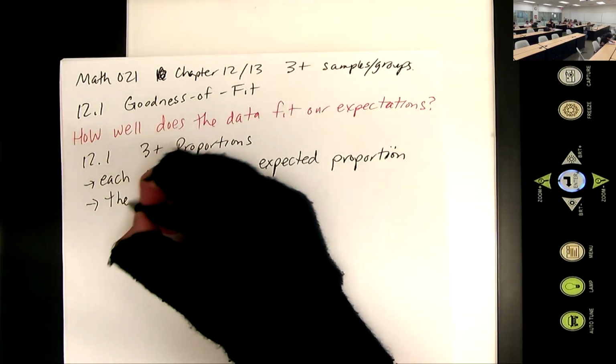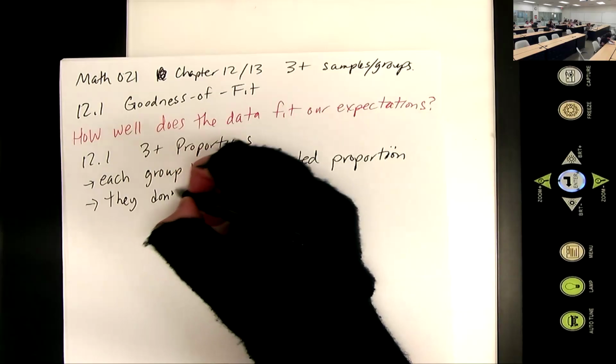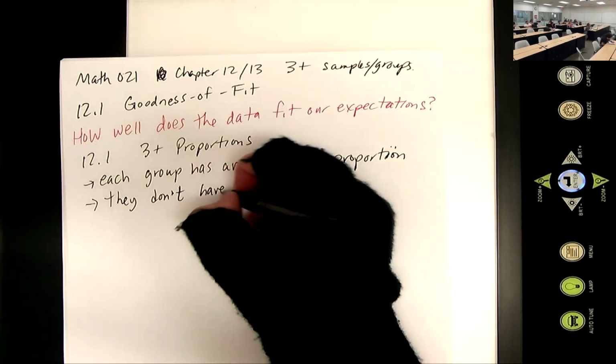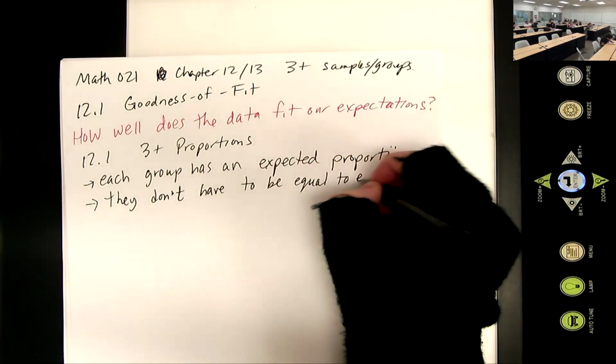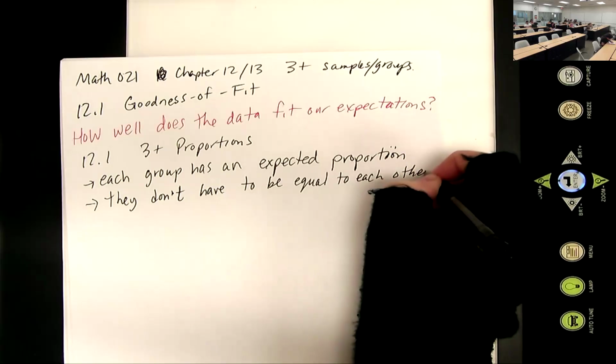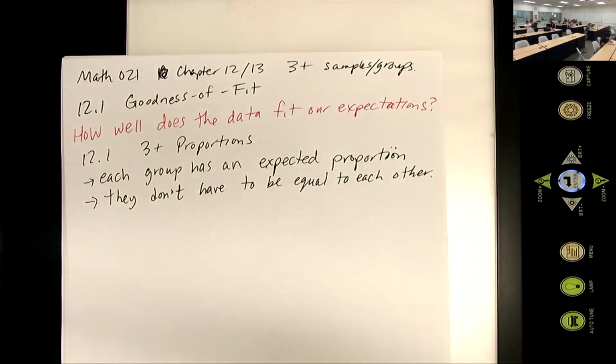They don't have to match, they don't have to be equal to each other. If you're drawing a card from a deck of cards, you expect each suit to have the same proportion. But in something like M&Ms, which we're going to do an example with in a second, surprisingly enough, they do not produce the colors in the same proportions.